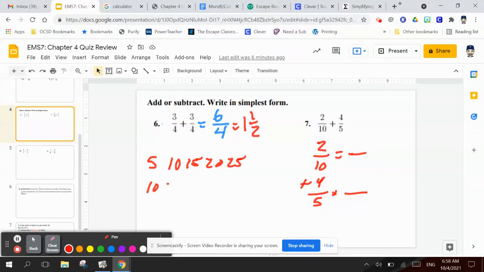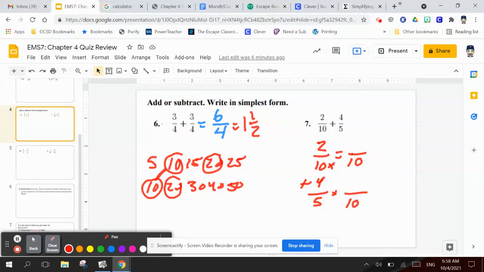And for 10, it would be 10, 20, 30, 40, 50. Which ones are common? I have 10, and I have 20. I want the smallest number that they are common with, which is going to be 10. So 10 is my common denominator.